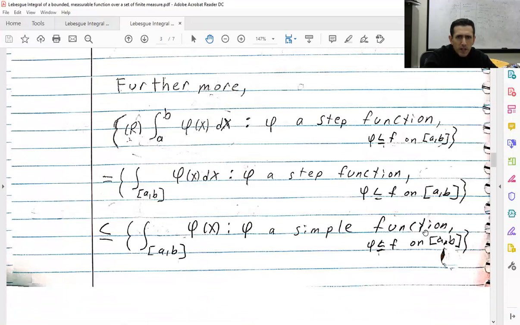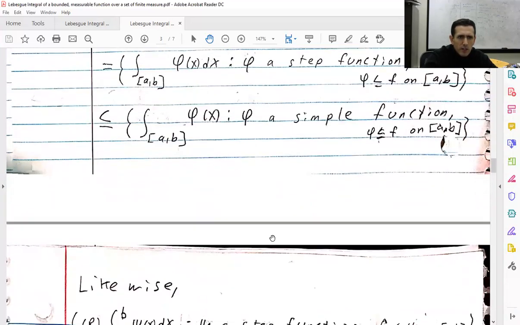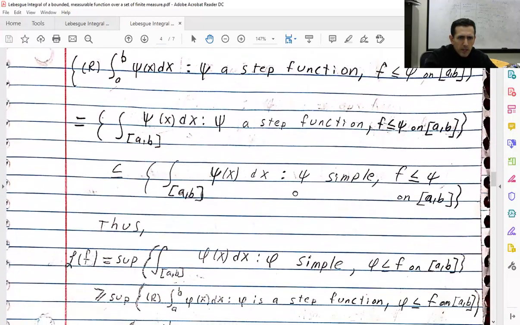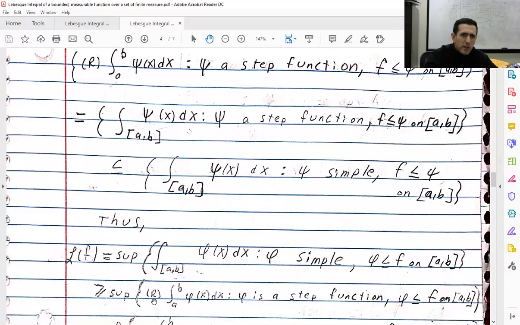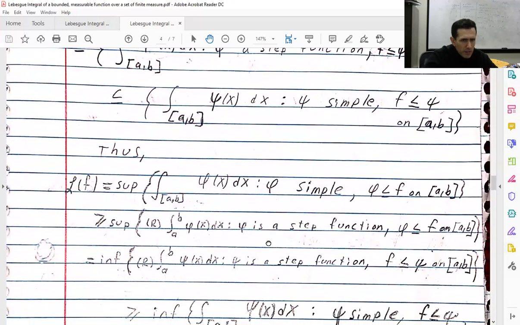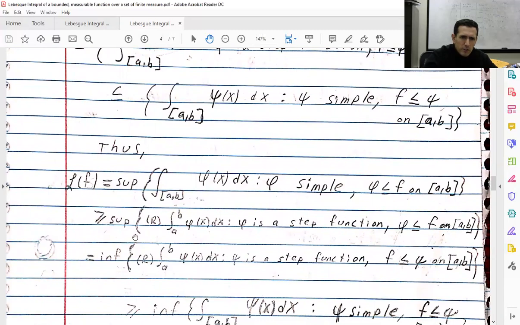So the supremum of this set is bigger or equal to the supremum of this set. This supremum is equal to this infimum. That's from Riemann integrability.